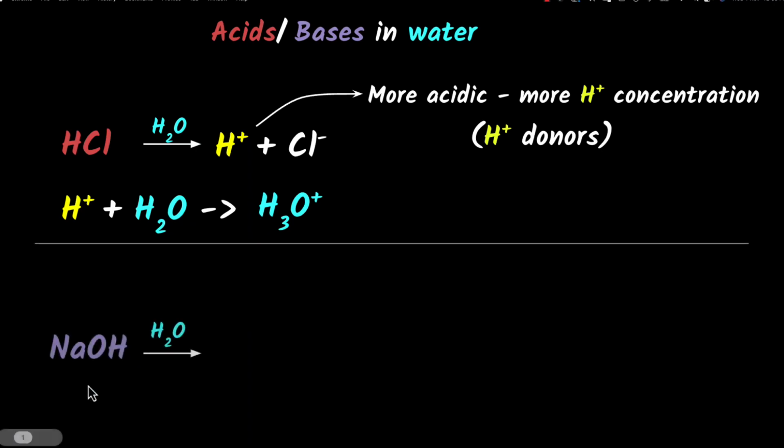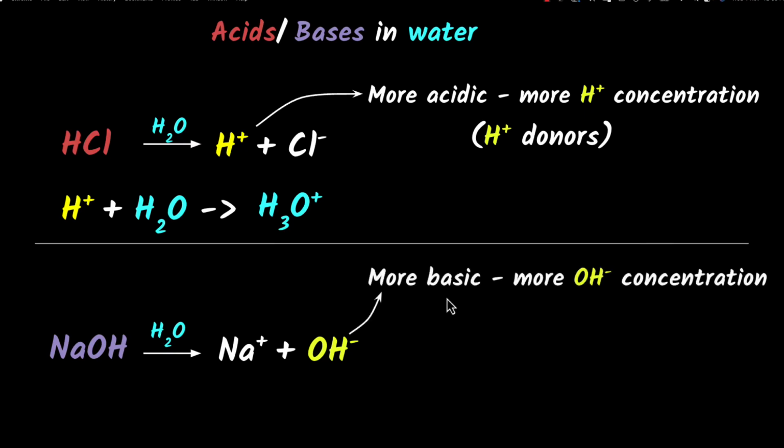But now let's see what happens when you put a base in water. Say you have sodium hydroxide. Well, it will dissociate to give you sodium ions and OH- ions. Now, whenever you have more OH- ions in a solution, we say that it is more basic. More OH- concentration means more basic.